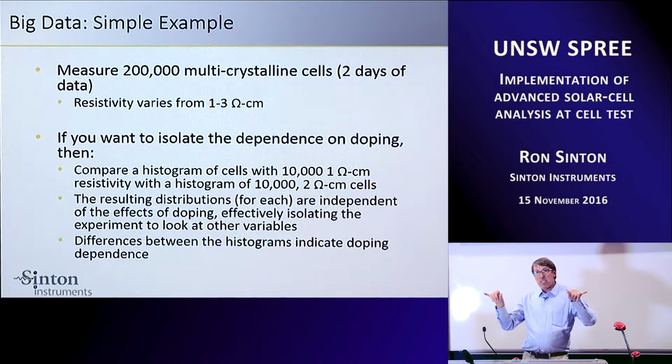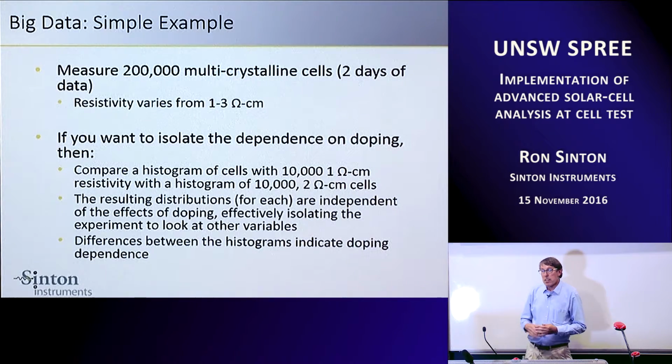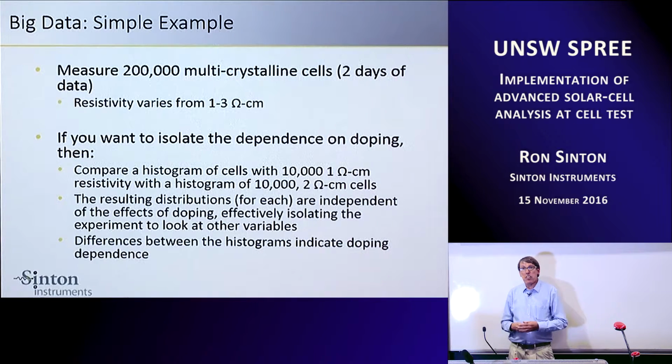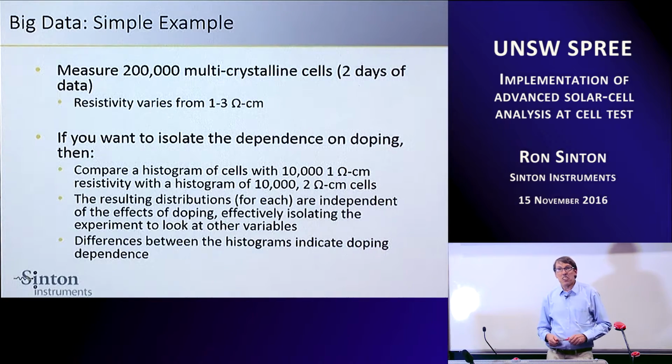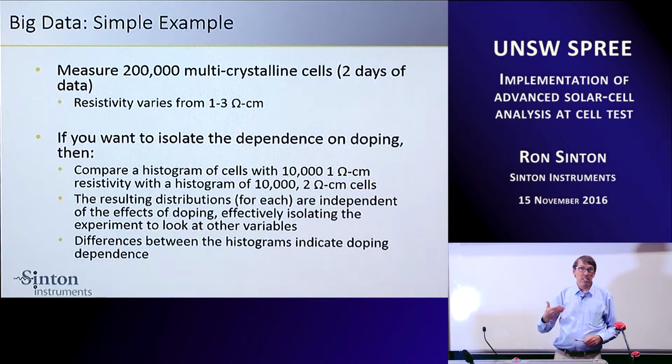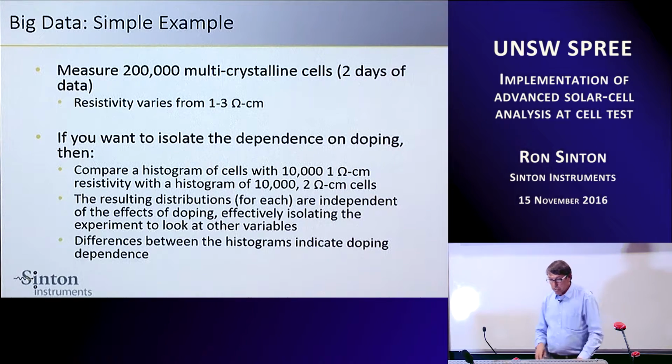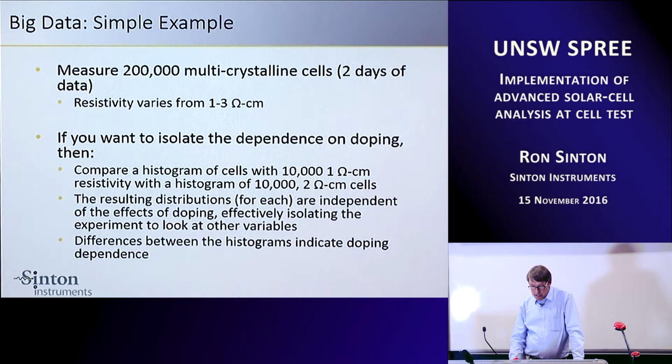But between the histograms, you would see the doping dependence. So when you start to get big sets of data, you can analyze it in ways that give you a lot more information. It is really fun to look at millions of solar cells with this detail of 30-some parameters coming out.